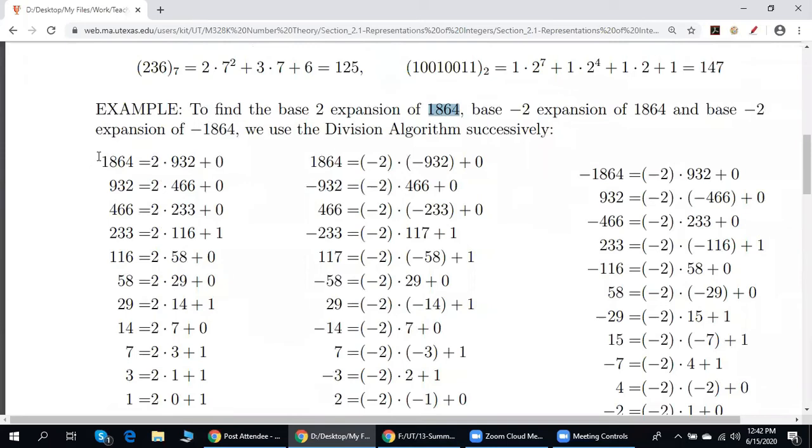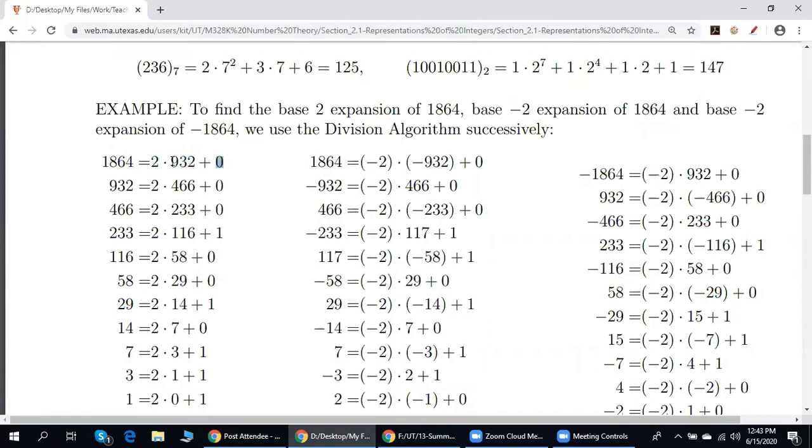Please take a look at this. By the division algorithm, there are unique numbers, q and r, that satisfy the following: 1864 is equal to 2 times q plus r.